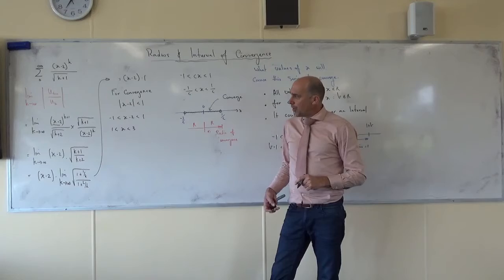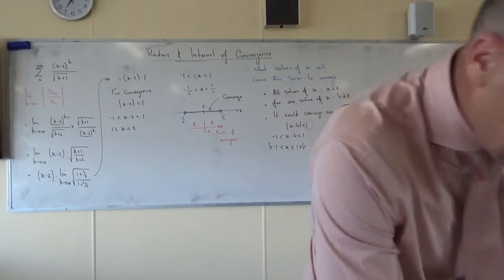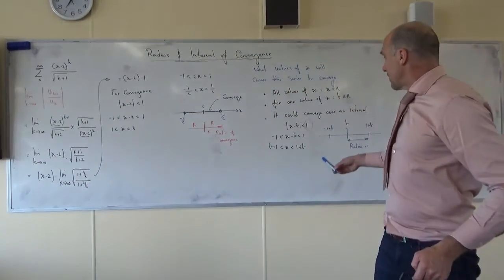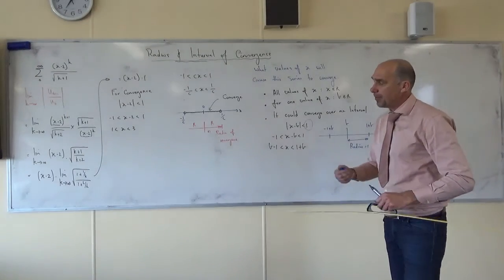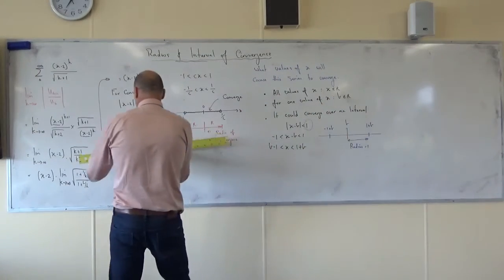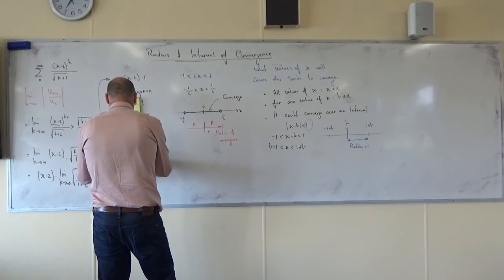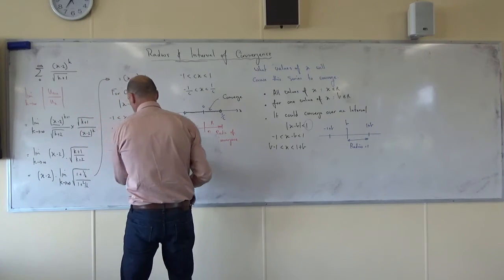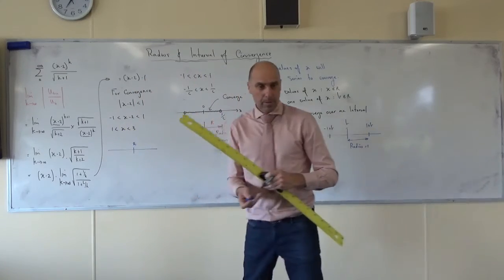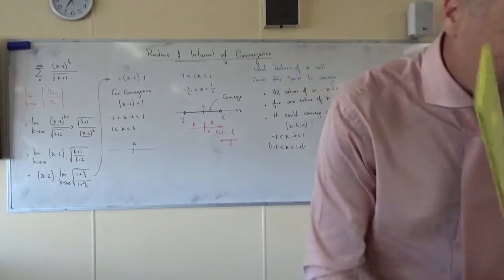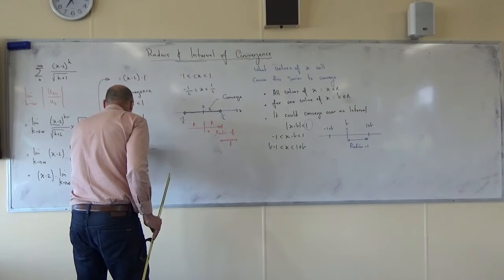What's my radius of convergence, Brian? 1. Very good. A little bit like this example over here, where we had a radius of convergence of 1. This is exactly the same. So let me just draw you that little line graph here. This is 0. That's 2. And either side of 2, I've got 1 here and I've got 3 here.